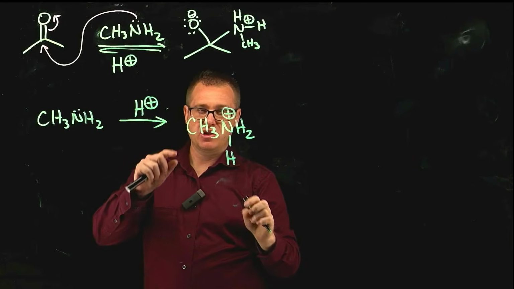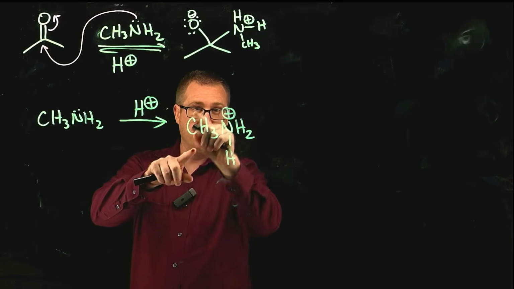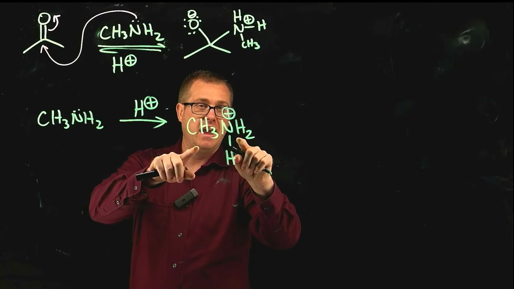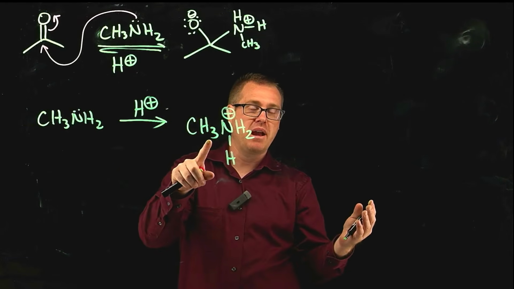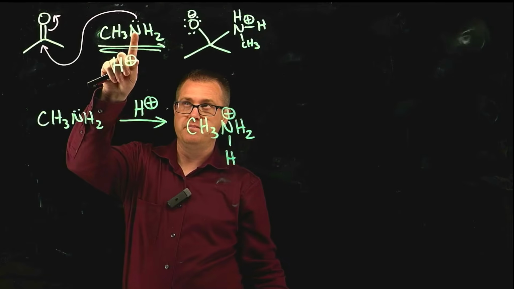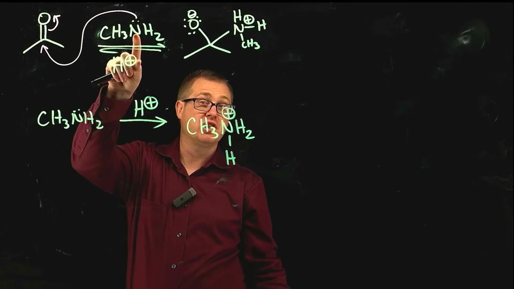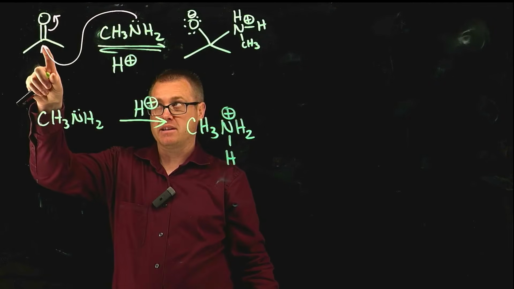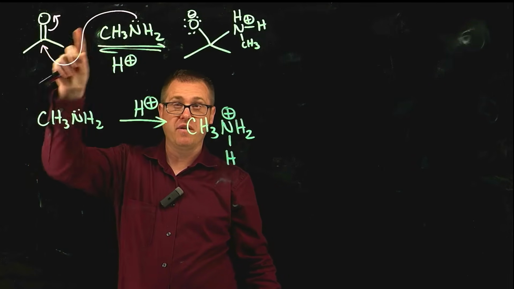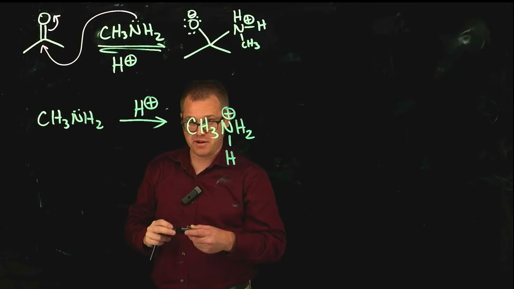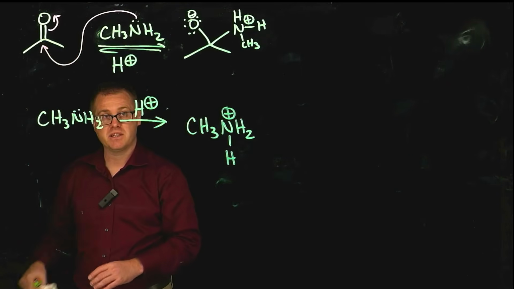Most of the amine has been protonated, but there's still excess primary amine in the solution, one that's not protonated, that reacts with the carbonyl carbon. So that's why this first step looks different than the acetal formation.